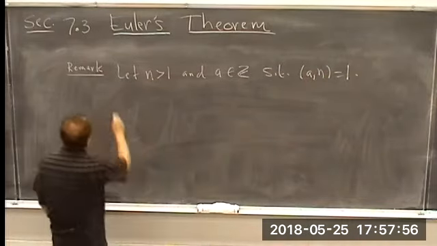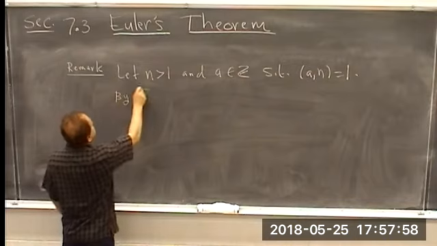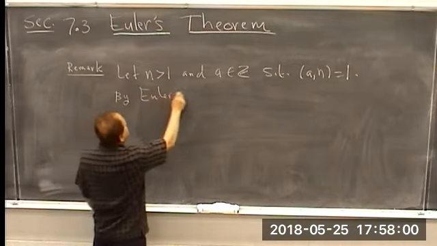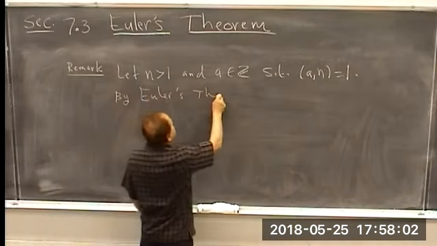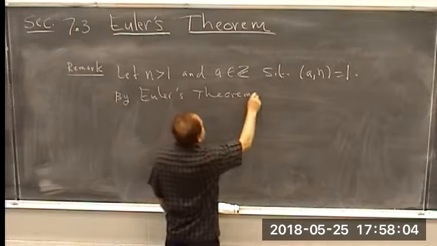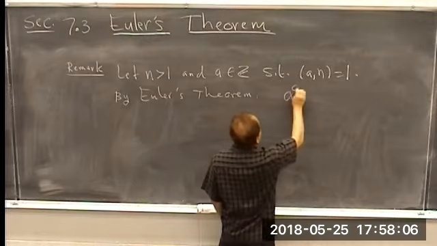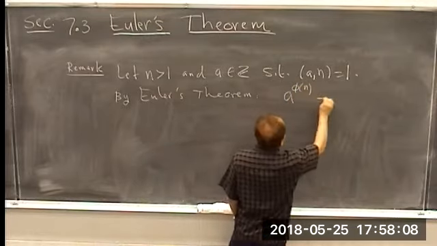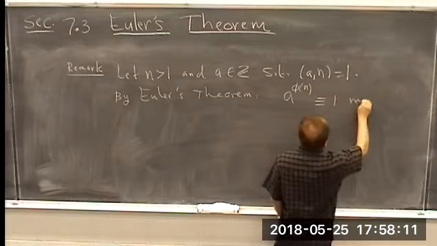By Euler's theorem, we have a to the phi of n is equivalent to 1 mod n.